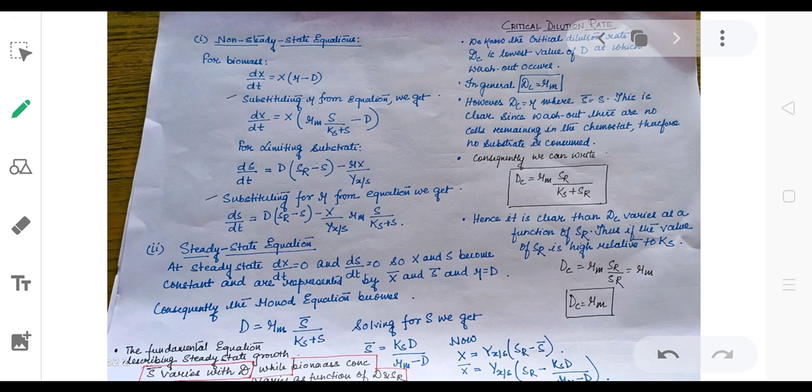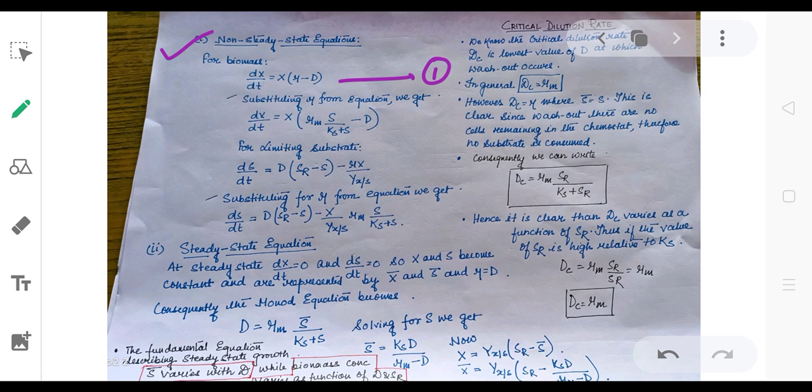So, since in both the previous equations we are trying to follow the two important aspects, one is your non-steady state, another is your steady state. So we have to take both forms into account while we are relating this Monod's equation with the previous equations. For biomass, if you remember, you have derived dx by dt is equal to x into mu minus d.